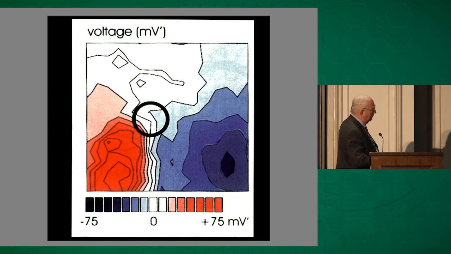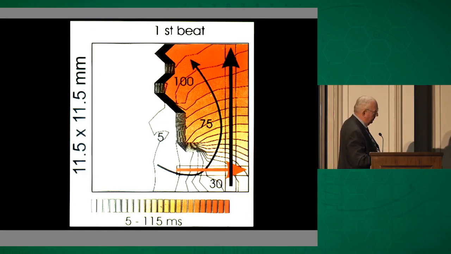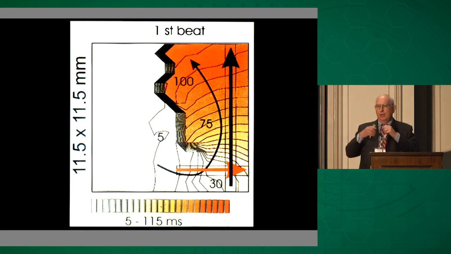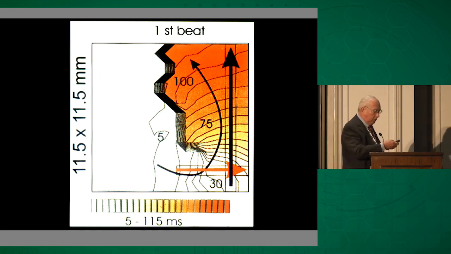But how he found the VF was initiated was by this mechanism. So with the optical recording, he could record a signal proportional to the transmembrane potential. So he found in this case, after the shock, that he had this area that was depolarized, and then a rapid change where right next to it was an area that was hyperpolarized.